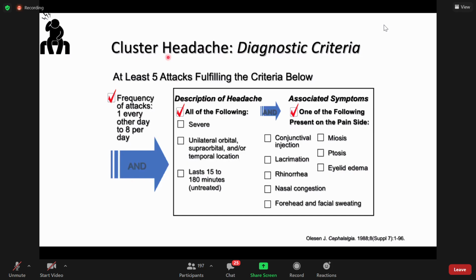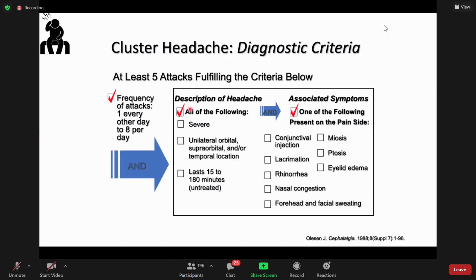It may wake him up from sleep. It is unilateral. It is one of the most severe. Some patients may beat their head against the wall. Some patients may think about suicide because of the severity of the headache. Some otherwise very strong and stout patients will be crying during the headache.